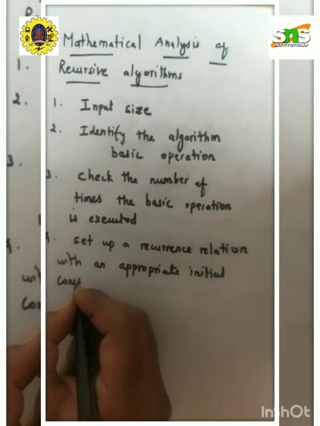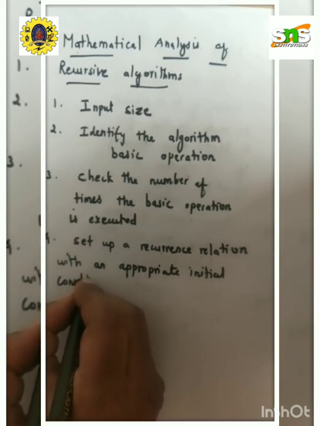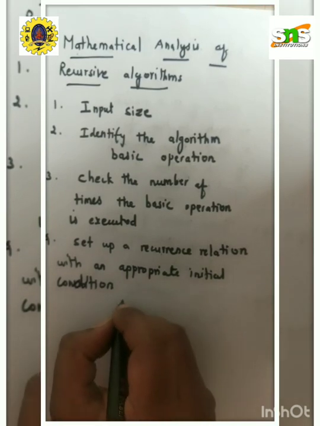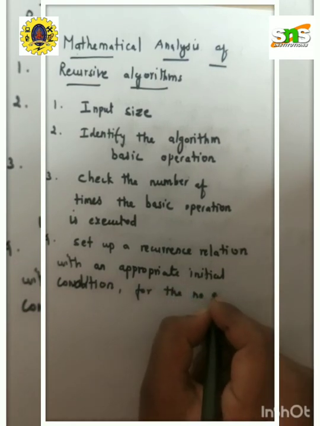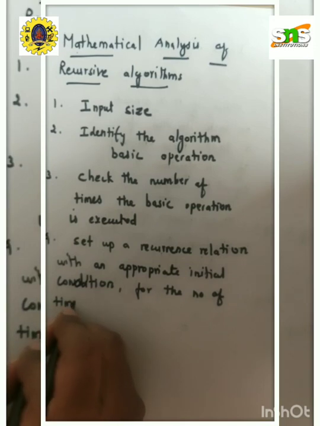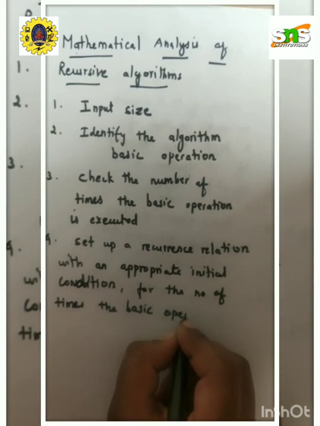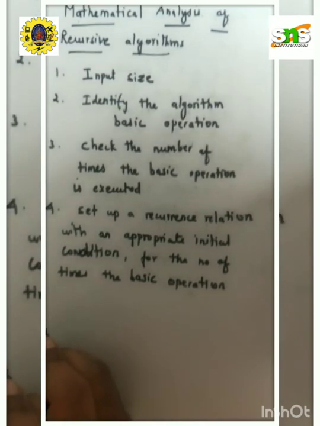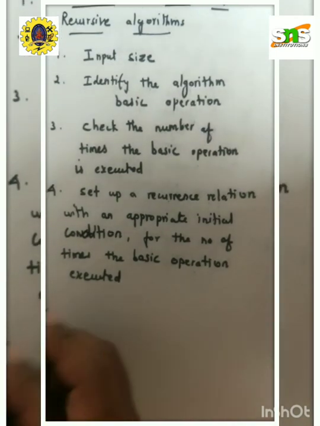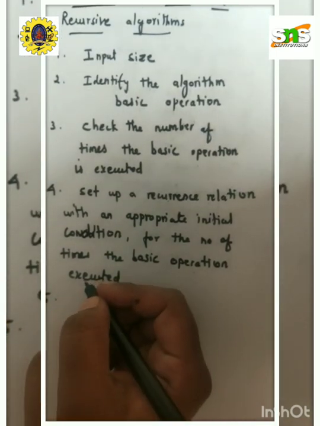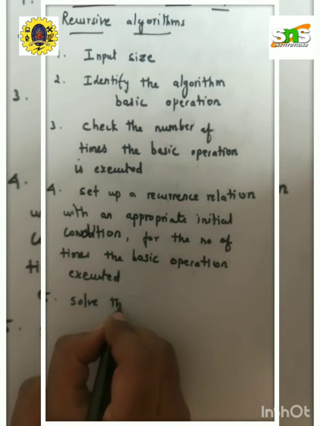So while setting up the recurrence relation, you must ensure the initial condition for the number of times the basic operation is executed. Then the fifth step, the last step, is solve the recurrence relation.